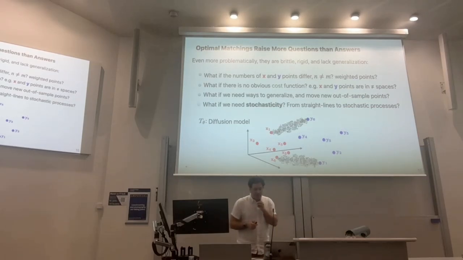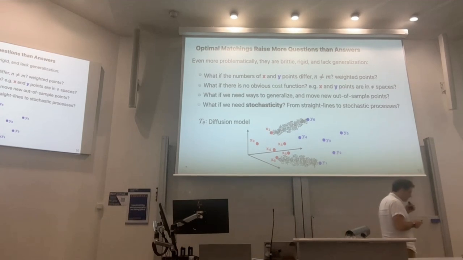Finally, I'm not going to talk about this at all, but there are a lot of stochastic extensions where instead of following the notion of moving from one point to another, you follow stochastic paths.